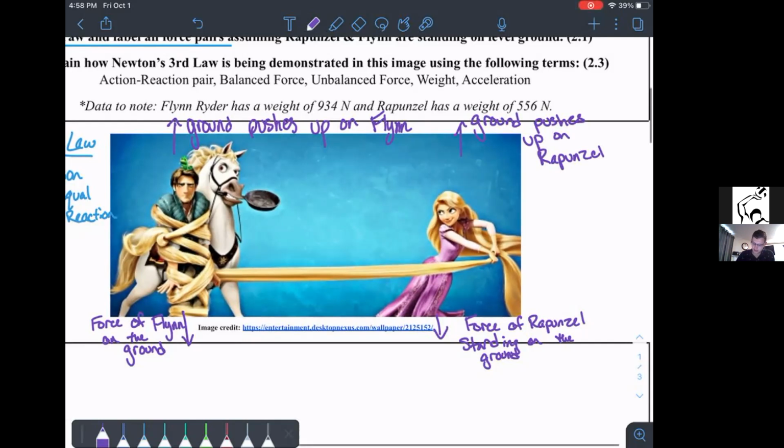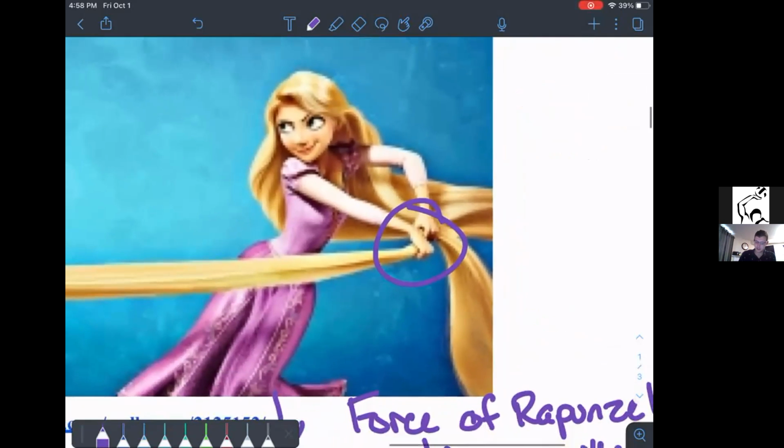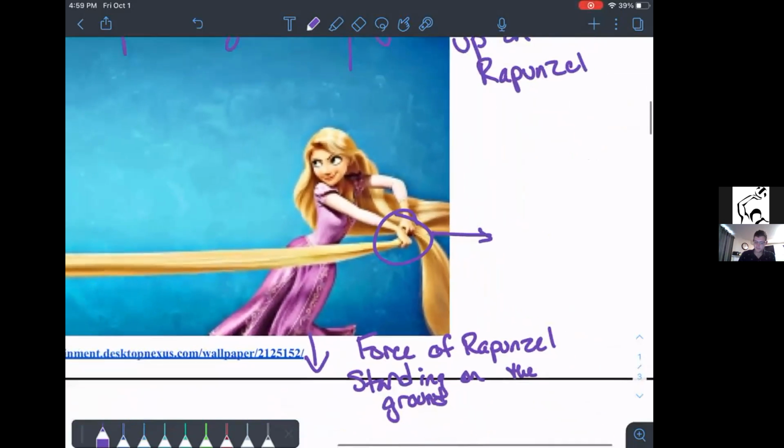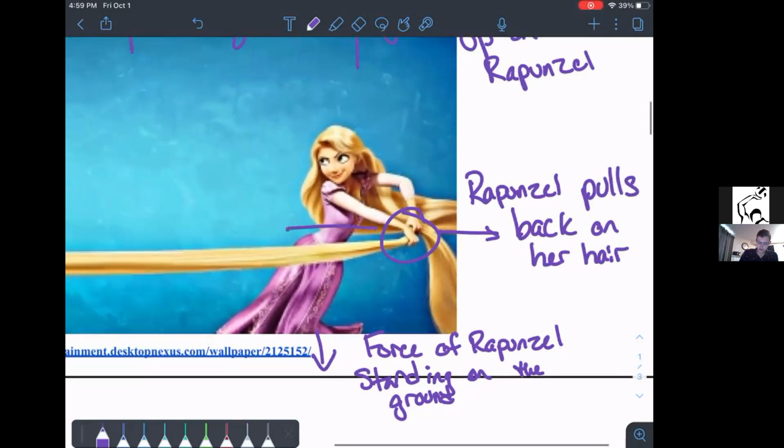Another one we can talk about is right here, specifically her hands. We can see that she is pulling back on her hair. Okay, so this one was the trickiest one to remember, the fact that if she's pulling back on the hair, it is going to pull this way on her.